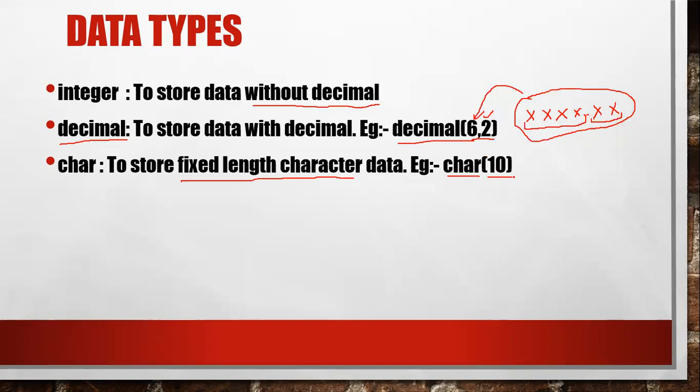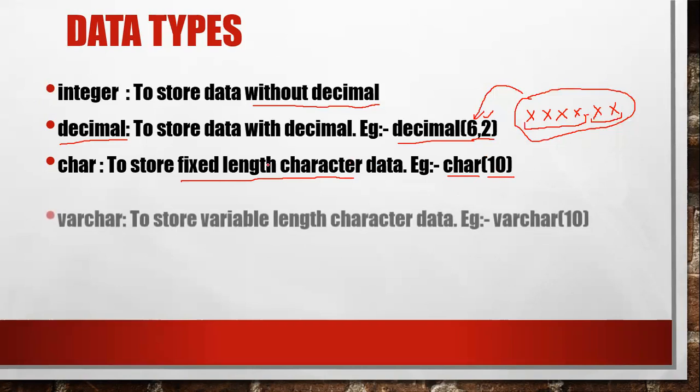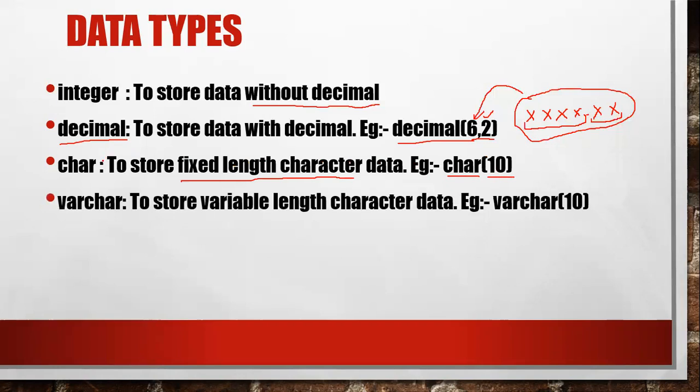What the fixed length means, I will explain later on. Now there is one more data type which is basically used for dealing with characters, and that is VARCHAR, which we call variable length character, and the syntax is the same. You have to write VARCHAR(10). Now what is the difference between CHAR(10) and VARCHAR(10)? I will explain in the next slide.